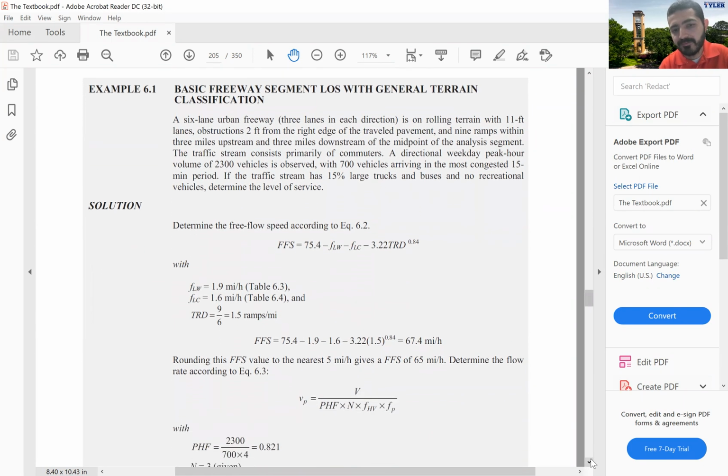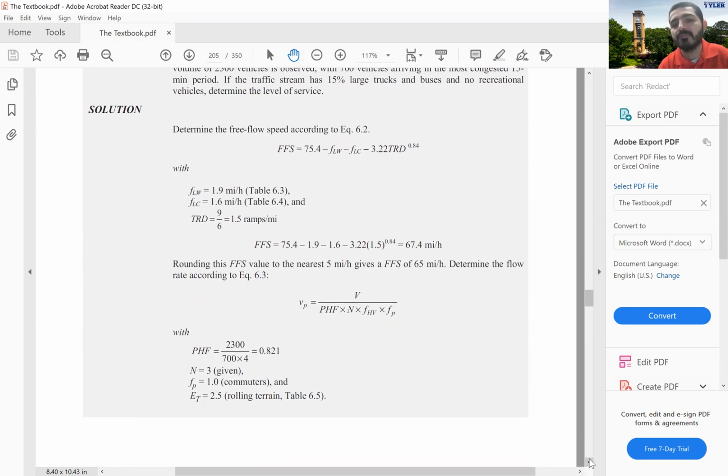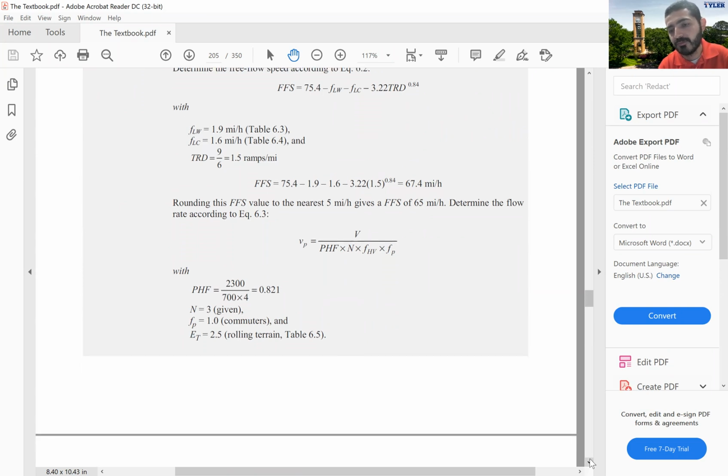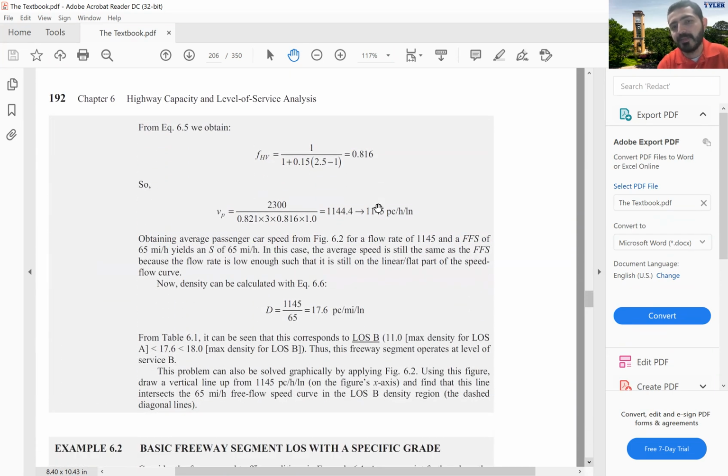We have the free flow speed again. Calculation wise, it was 67.4, but we rounded down to 65, and then we needed to get the VP. To get the VP, we need to have the PHF and the FHV. So we've gone through that part of calculations. So we get 1145. So now we need to go to figure 6.4 in your textbook.